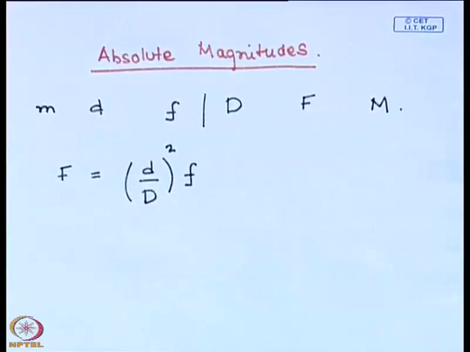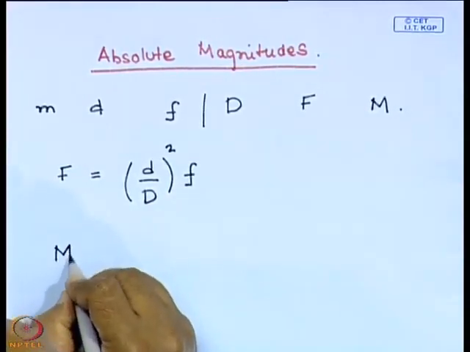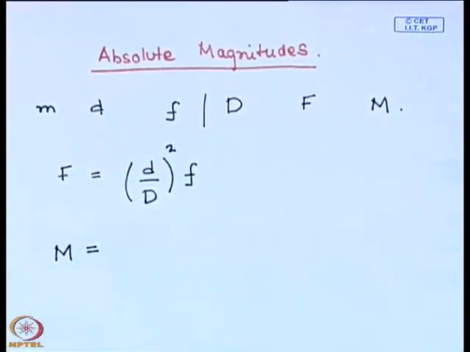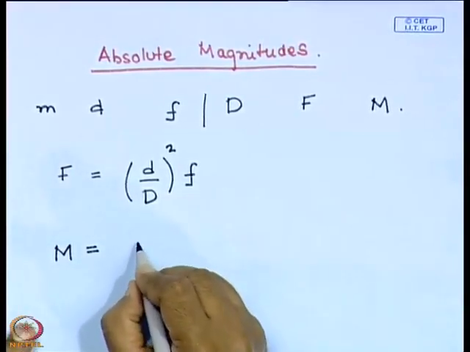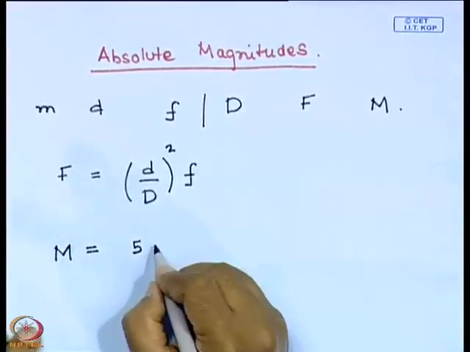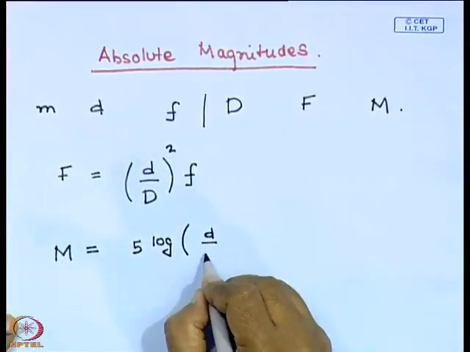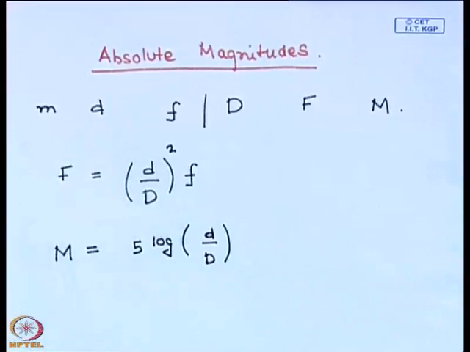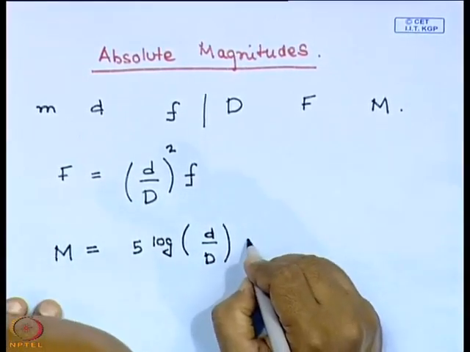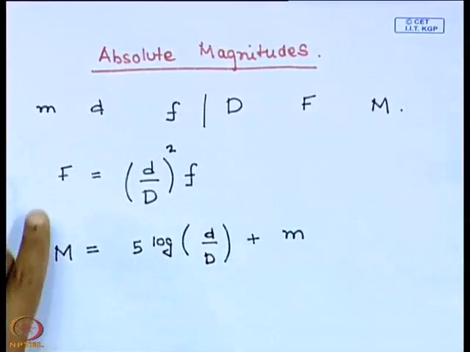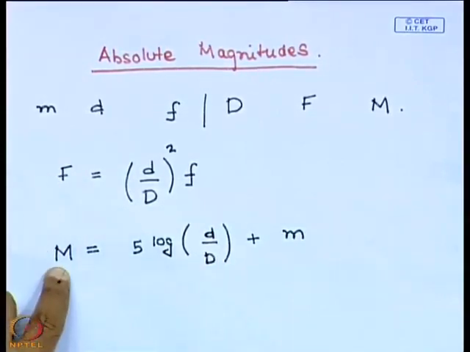So, what we have is m is equal to, 2.5 will become 5 log of this, with a minus sign.